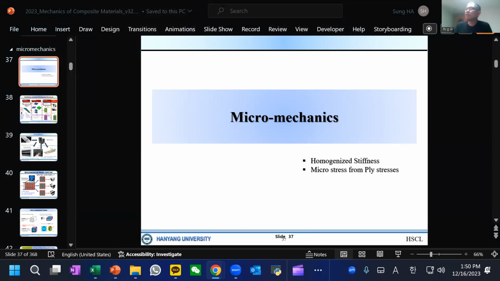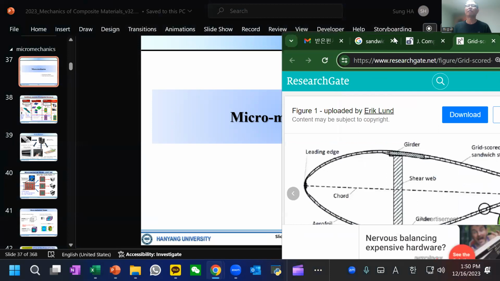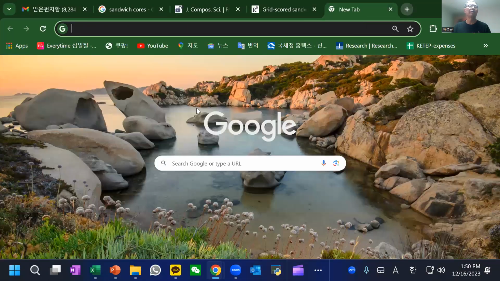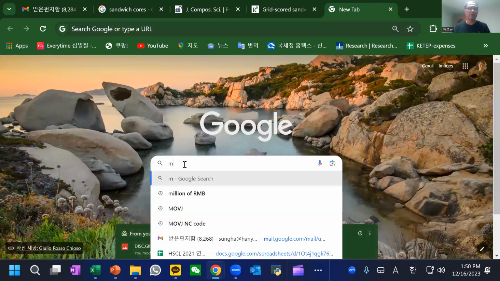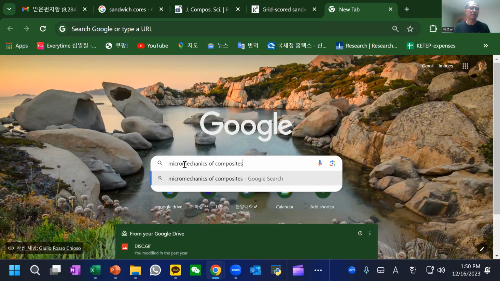So going through the details of micromechanics is not my intention. My intention is that there is a subject called micromechanics, and you can always go and visit it, and then you can study further in detail, such as the micromechanics of composites.